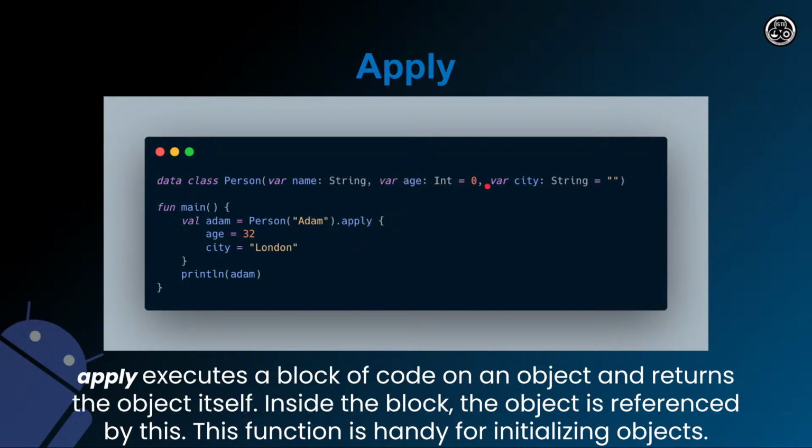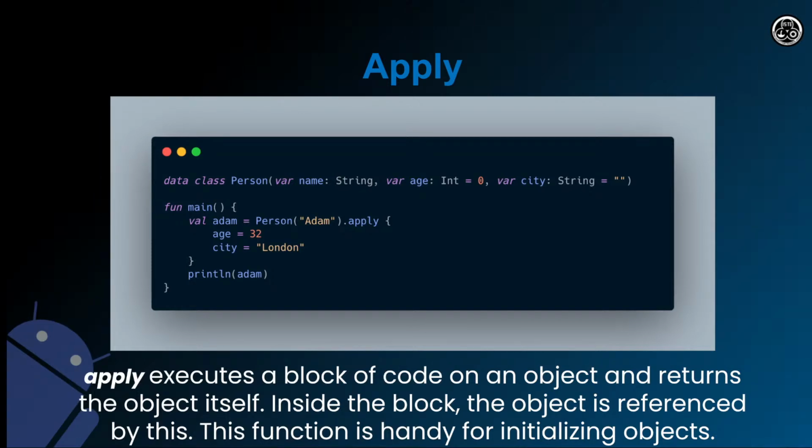See, all these variables we have already initialized, so it's okay if we don't pass the arguments, right? So instead of doing, let's say, adam dot age equals to blah blah blah, we can just use dot apply over here and it will print this, right?